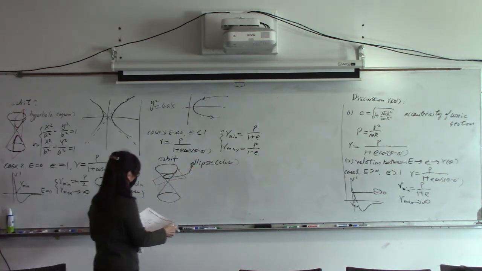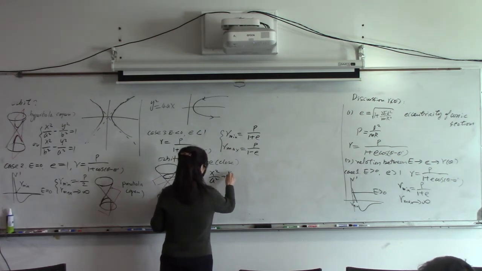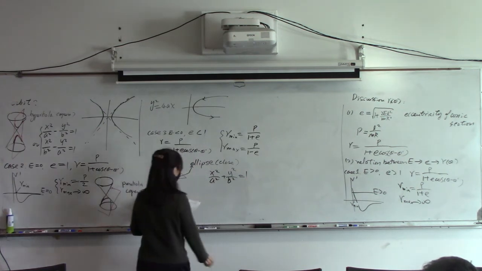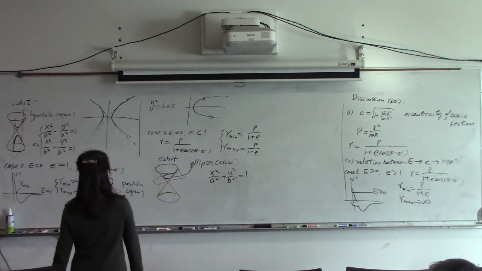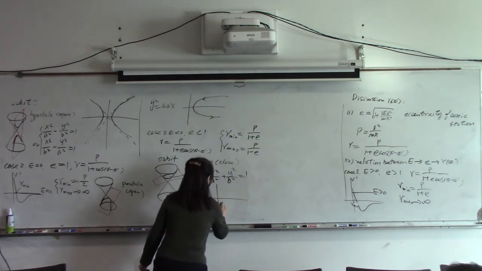And mathematically, in this case we also have this formula to plot it. What are A and B? They are the major axis and the minor axis.